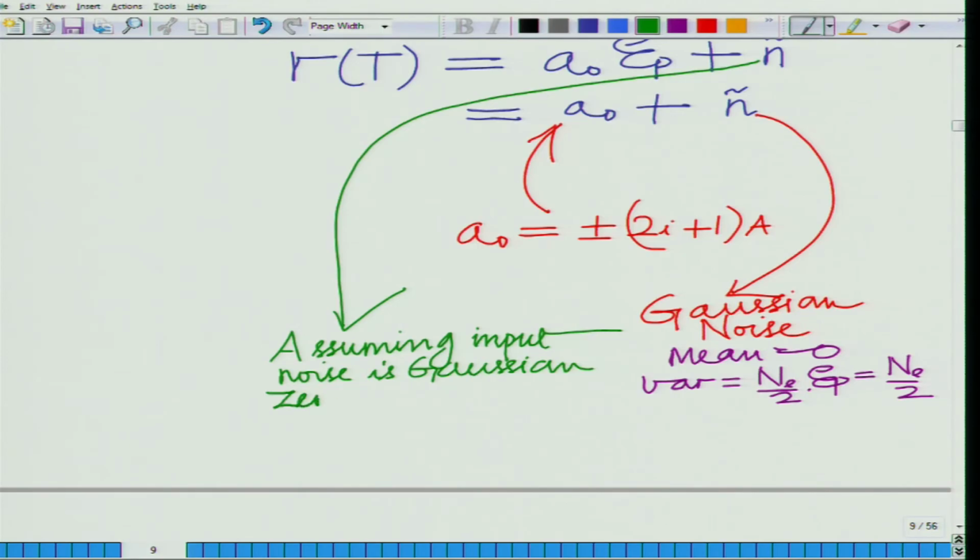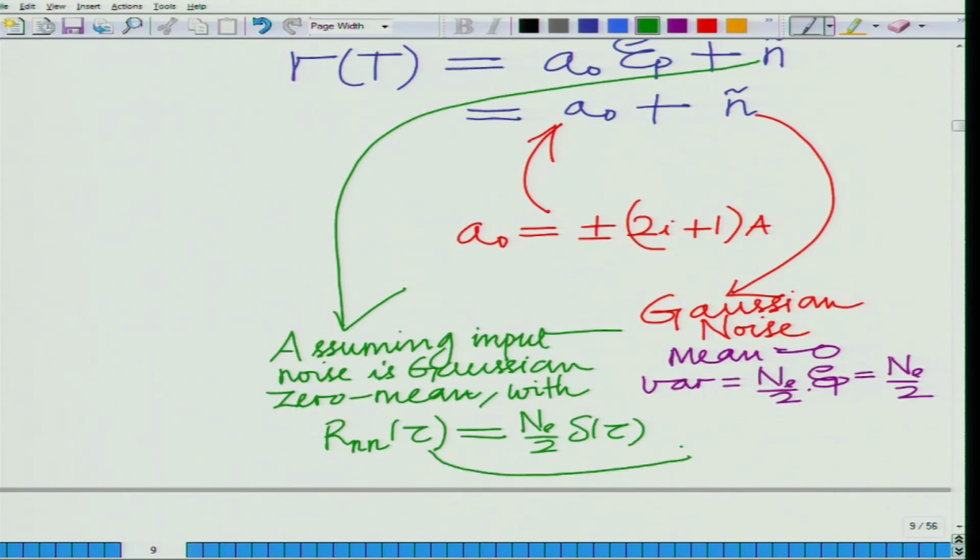Of course, when the Gaussian noise process is wide sense stationary, it automatically means it is strict sense stationary also, we have seen that. Or it follows from the properties of random process with Rn(tau) equals N naught by 2 delta(tau). Basically, this is white noise, additive white Gaussian noise, the same thing.